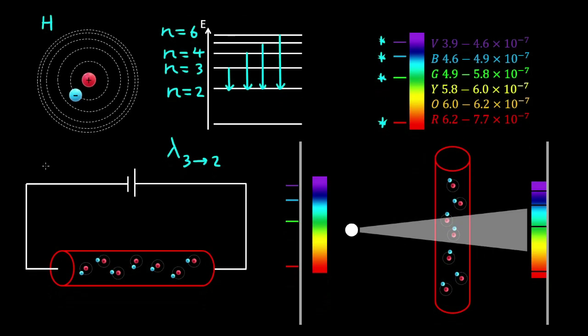So if we run this experiment over here, we run a current through a gas discharge tube. In this case, this tube contains hydrogen gas. Then this will excite the electrons, so they'll jump to a higher energy level. And therefore, given the electrons will want to return back to the ground state, they're going to emit photons.